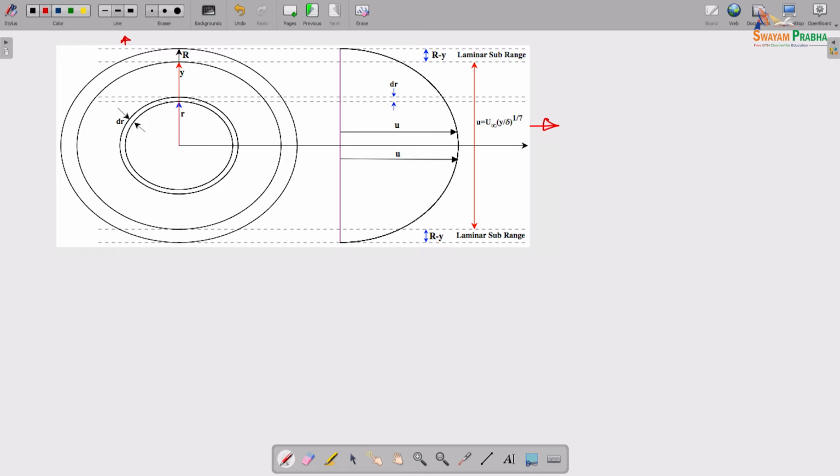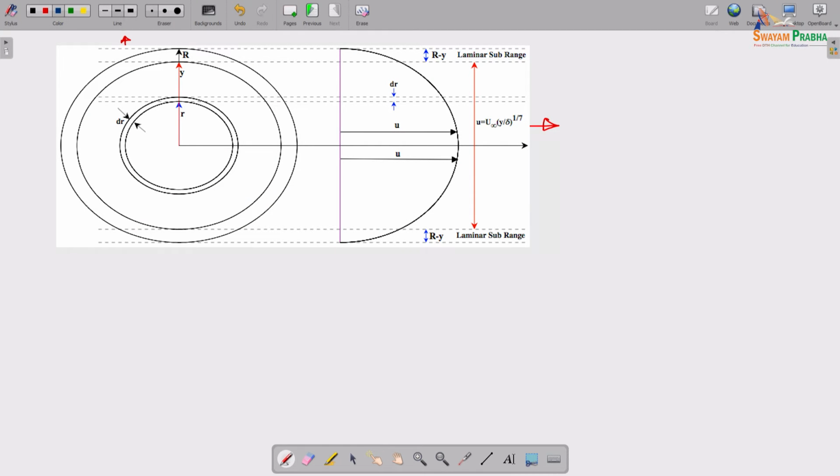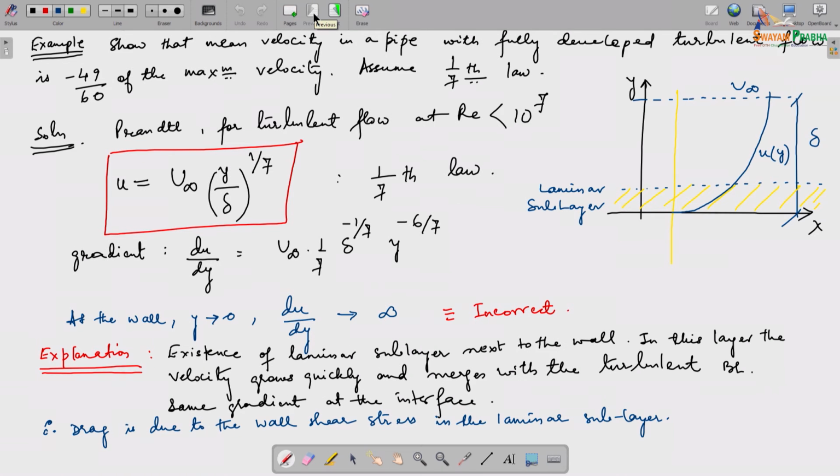Okay. Now what we just said is that there is a small layer near the wall, as for a flat plate, where there is laminar flow, right. So in this case, of course, it is going to be here. Let's just call this y. So when I'm going to use this sort of a profile, my y is actually good.